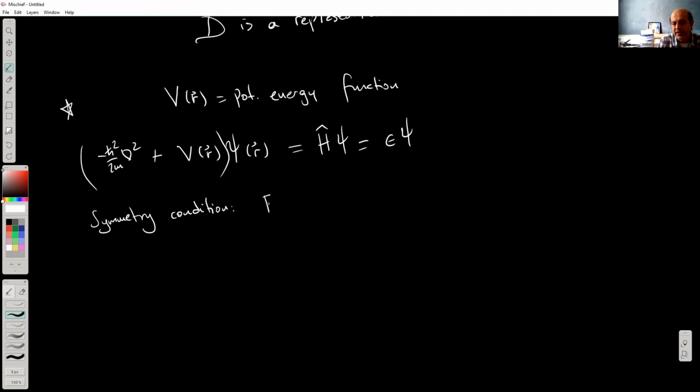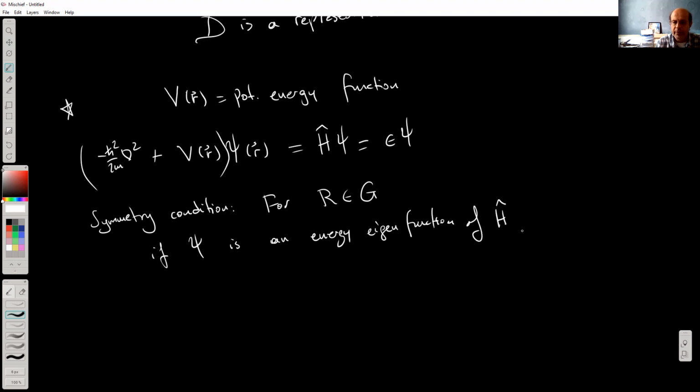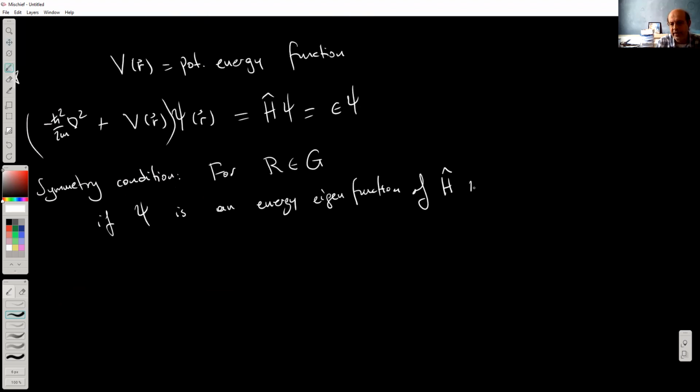It says that for any rotation R in the symmetric group, if psi is an energy eigenfunction of H with eigenvalue epsilon, then the rotated wave function too is an energy eigenfunction of H with the same eigenvalue. That's basically the statement.